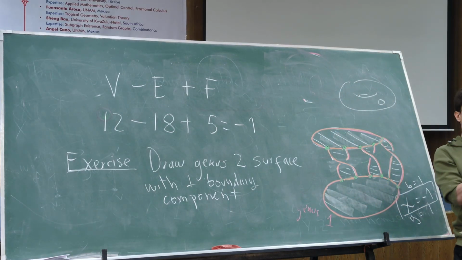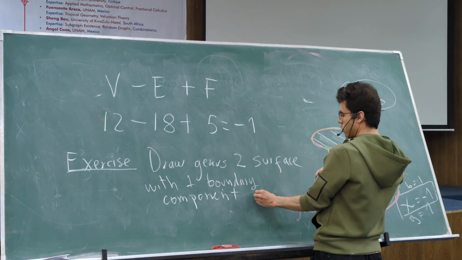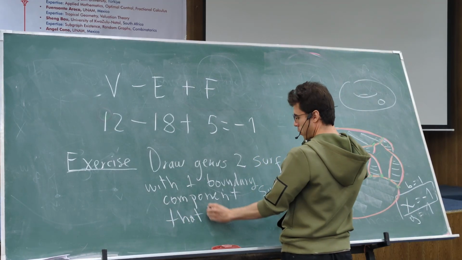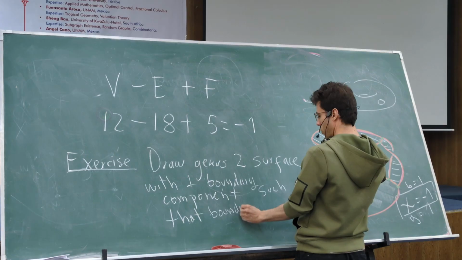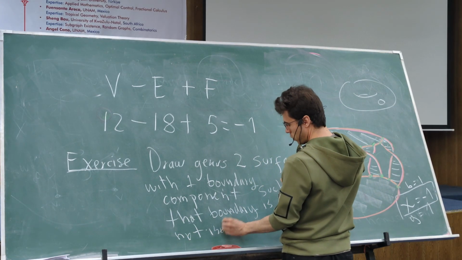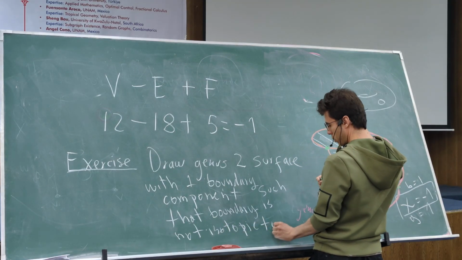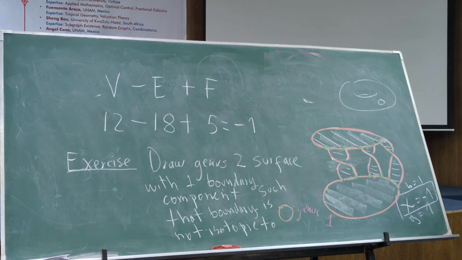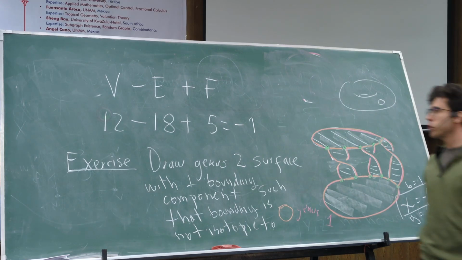But I want the boundary to not be the circle, not a trivial circle. So it should be something like this, but this is genus 1, so we want genus 2. Any question or comment?